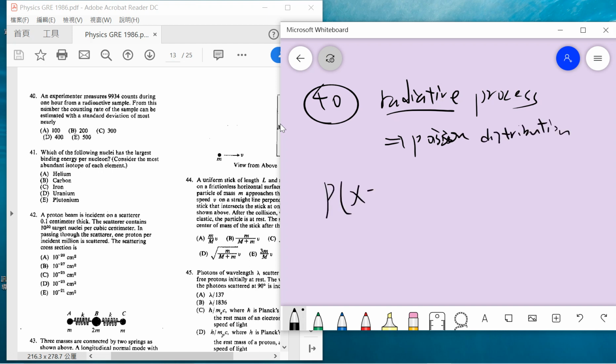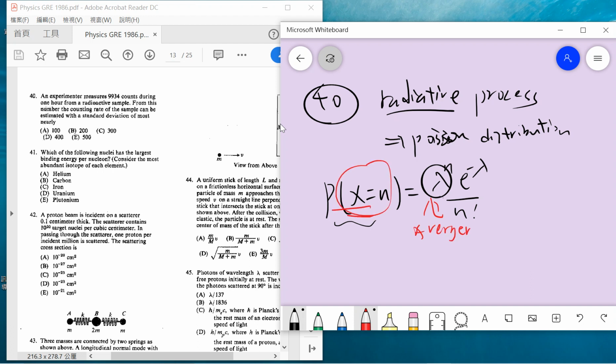Fortunately you don't have to remember this formula, but I remember it. The Poisson process counts how many times an event happens, and lambda is the average. The random variable ranges from 0 to infinity, so you can easily check that if you sum over the possible probabilities, it will be 1.